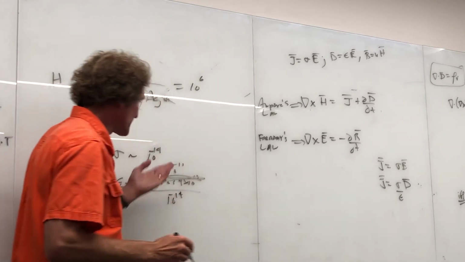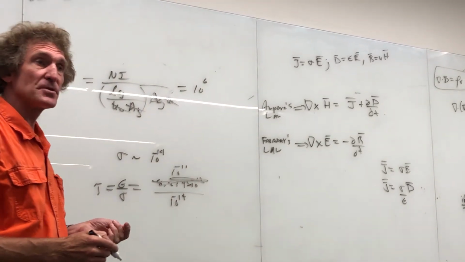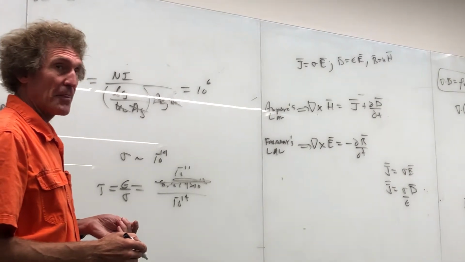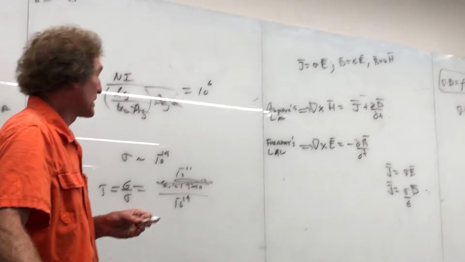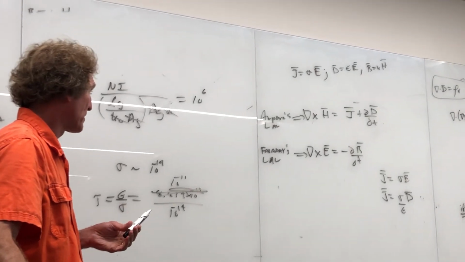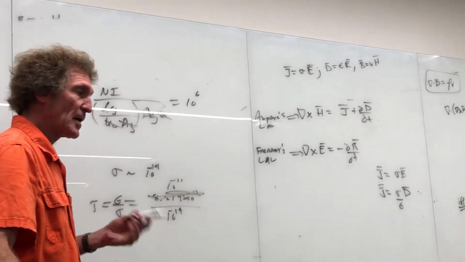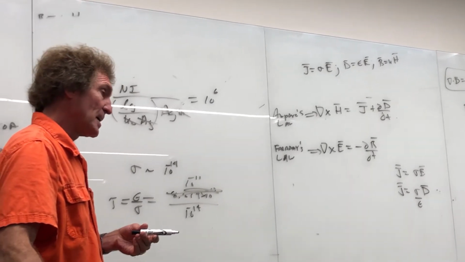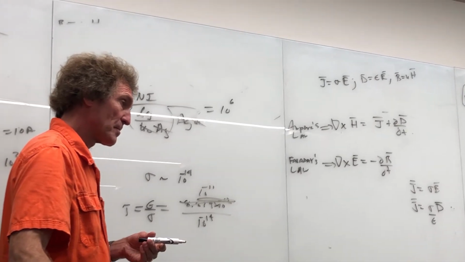So if you look at this, you get a value of 10 to the third, or about 1,000 seconds. And to be frank about it, if you divide that by 60, it's 100 over 6, or 16.7.